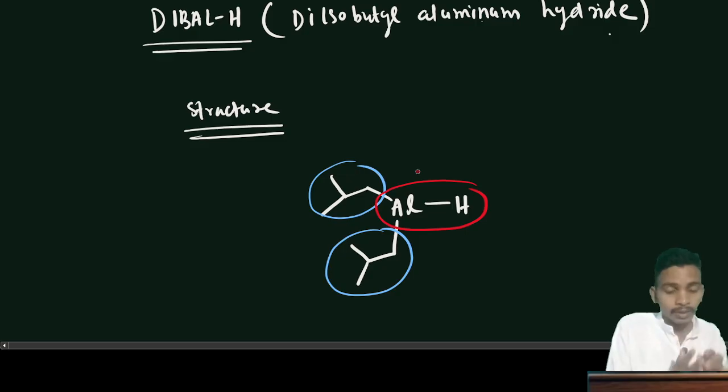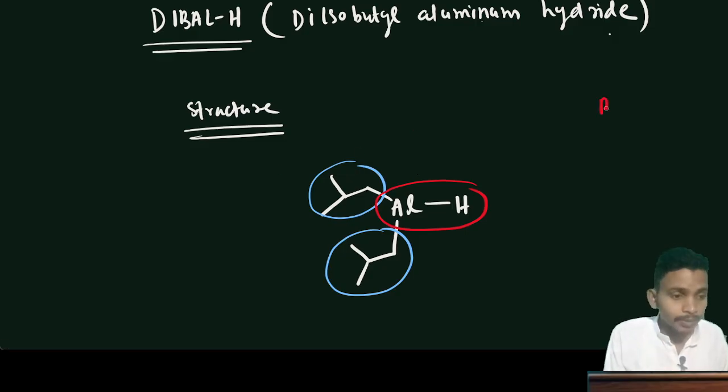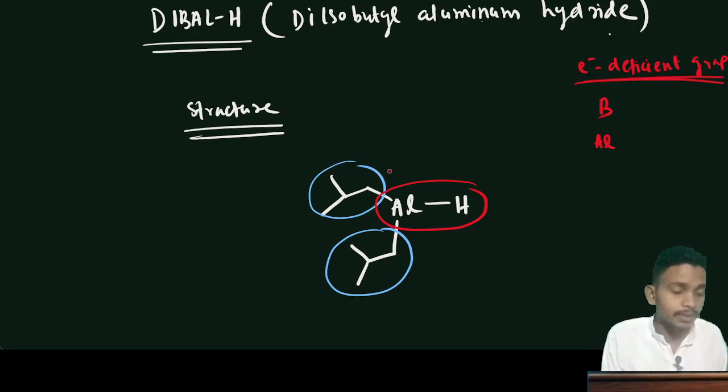Like I have already discussed, the boron family, boron and aluminum, are electron deficient groups. They have 3 valence electrons, and even with that they are octet incomplete. Aluminum is the same, with 3 valence electrons.